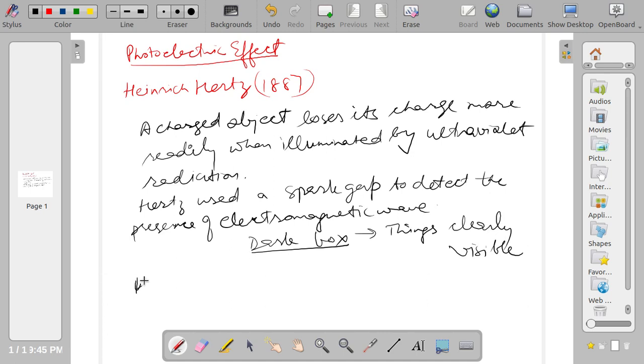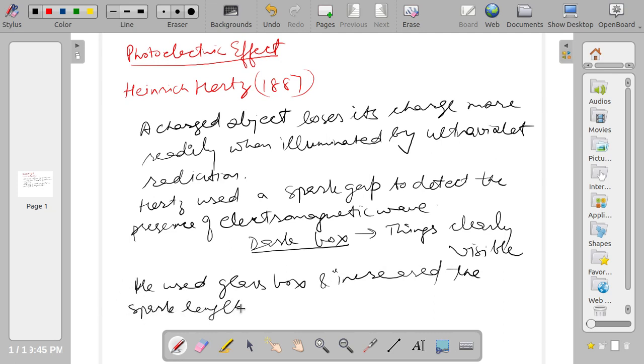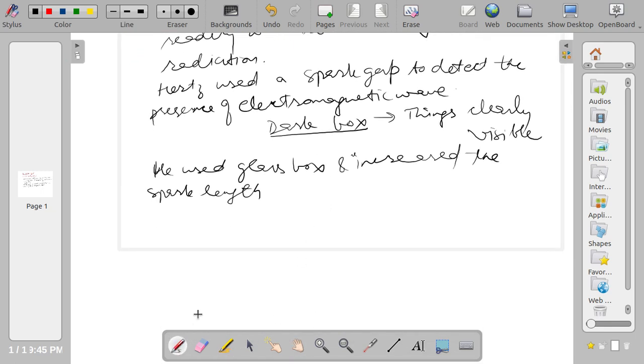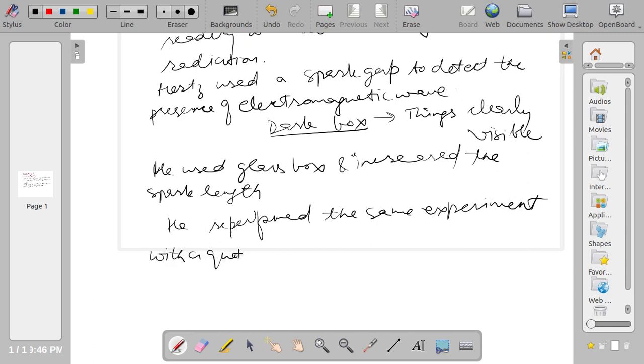After that, he used a glass box and increased the spark length, and then he re-performed the same experiment with a quartz box, and the spark length is further increased.